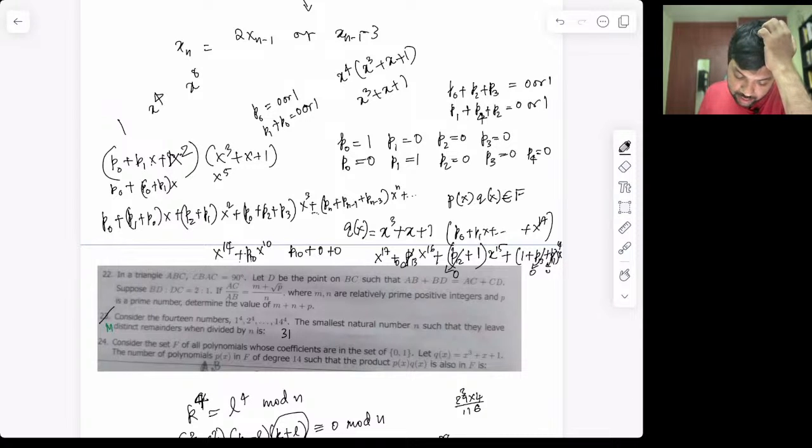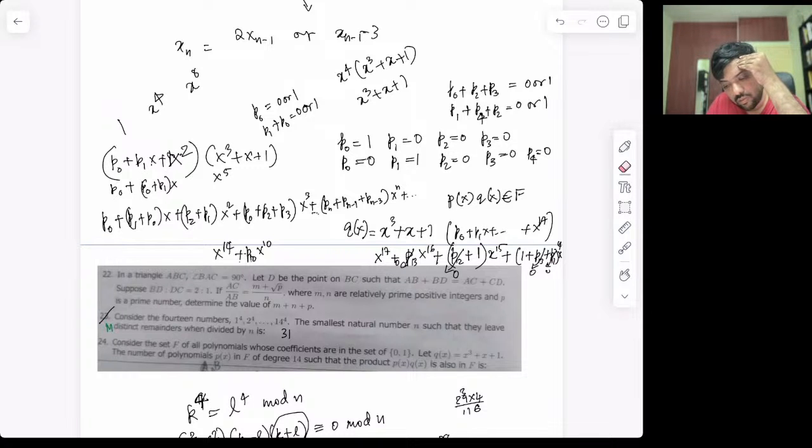So P10 x power 13, which there is no issue. So there is no contradiction with P10, I think, right now at least.